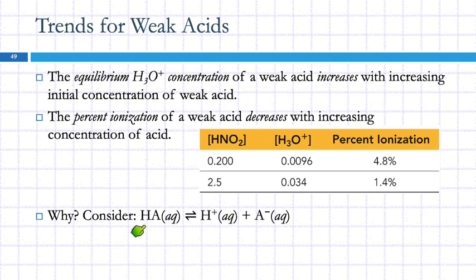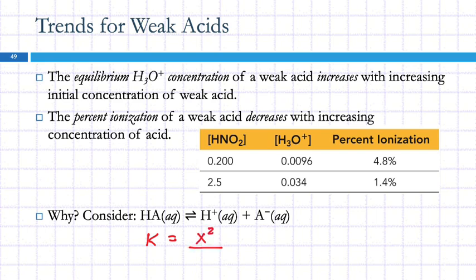If we decrease the concentration of HA, H plus also decreases, but it's not linear. It's not a linear decrease. And so they don't both decrease at the same amount. So, we've got a constant here.